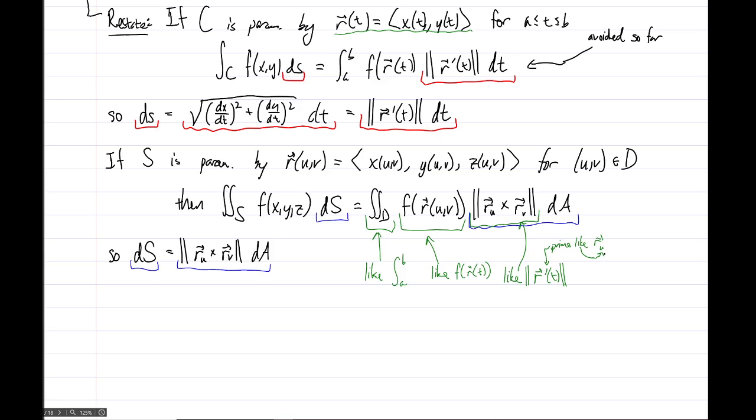And then finally the dA right here is like the fact that earlier we had a dt. It's about as similar as possible, what the analogy is. What dA will actually become is du dv, or dv du.